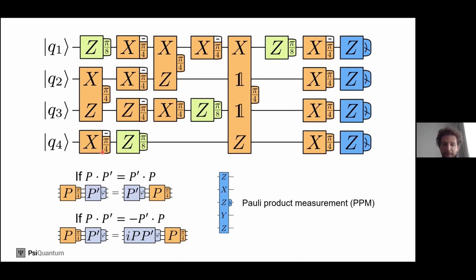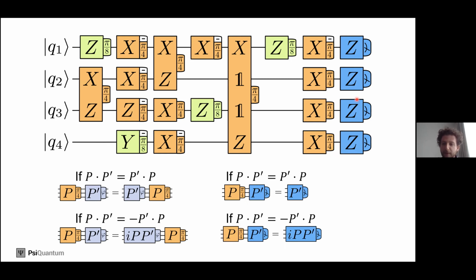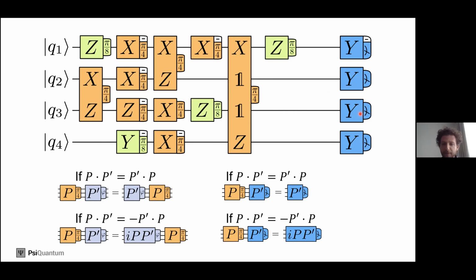For instance, X minus pi over 4, this rotation doesn't commute with the Z here. If I want to move it past it, it turns the Z rotation into a Y rotation, or minus Y rotation in this case. And the same trick can be used to absorb Clifford gates into measurements, changing the measurement basis in the same way. So these X rotations turn the Z measurements into Y measurements.